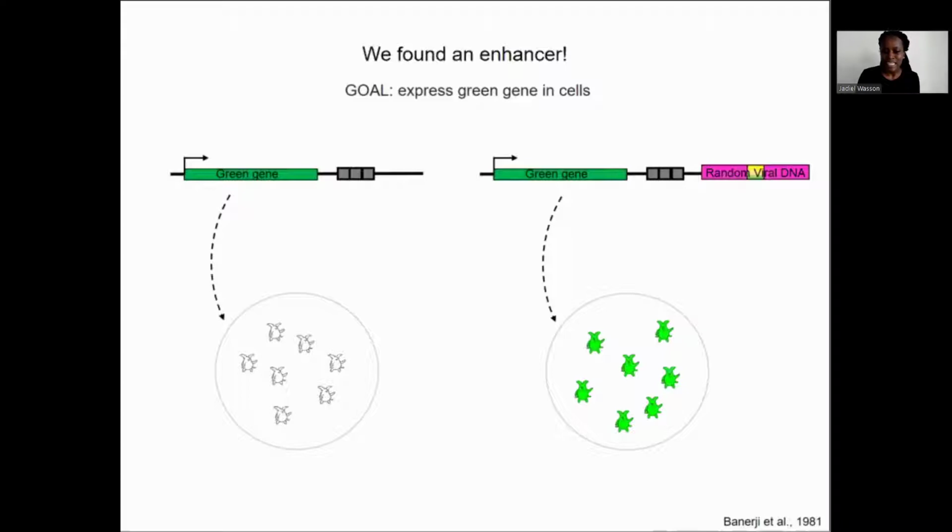And they revealed that the enhancing effect of this small piece of viral DNA was specific to a sequence. And it didn't matter the orientation of that sequence, how far away it was from its target, the green gene, or where it was relative to the location of the green gene. And as I mentioned before, all of these properties have now been generally accepted as the definition of an enhancer.